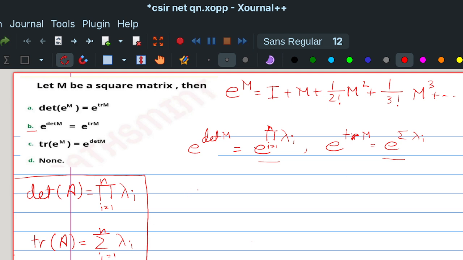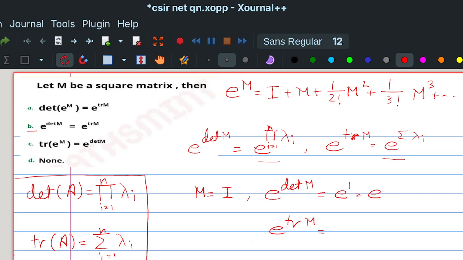So let us take M is equal to I. So e to the power det M becomes e to the power 1, which is e, and e to the power trace M is equal to what?